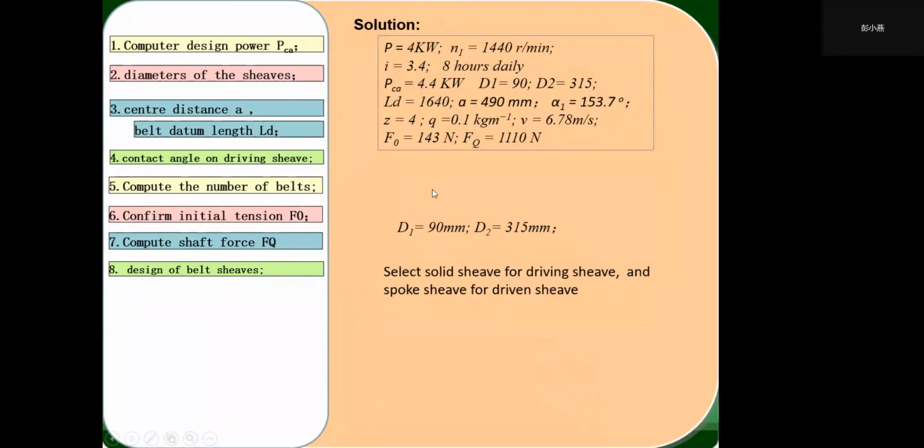The Ka, the P0, and delta P0, K alpha, KL. And then according to calculation equations, we obtain the parameters for the design. So for the design procedure, do you have any question?